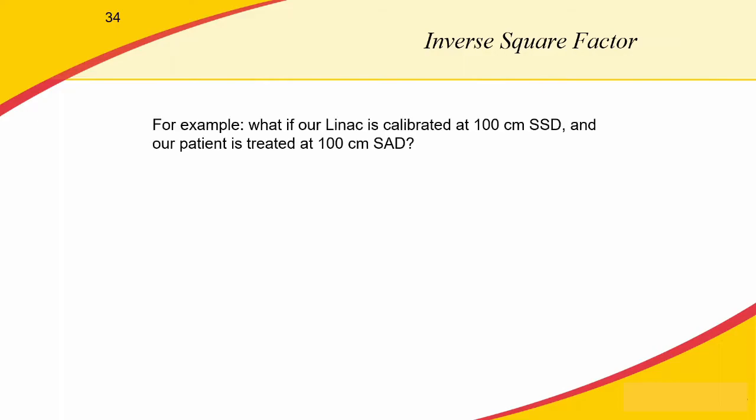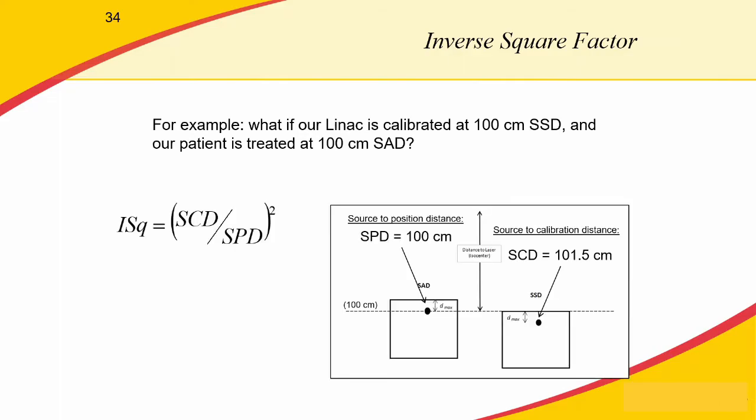For instance, we have a linac that's calibrated at 100 centimeters SSD, and our patient is treated at 100 centimeters SAD isocentrically. So in this case, we would see that our source to calibration distance on the right there is actually 101.5 cm. So that's 100 centimeters for the SSD setup.